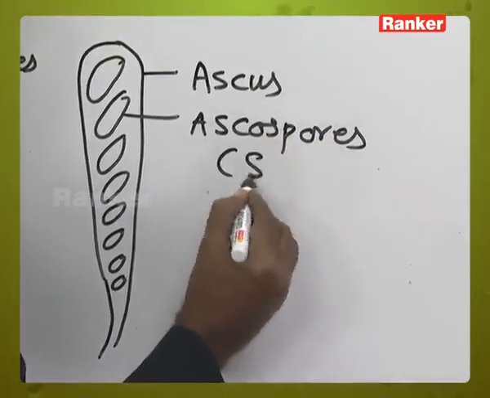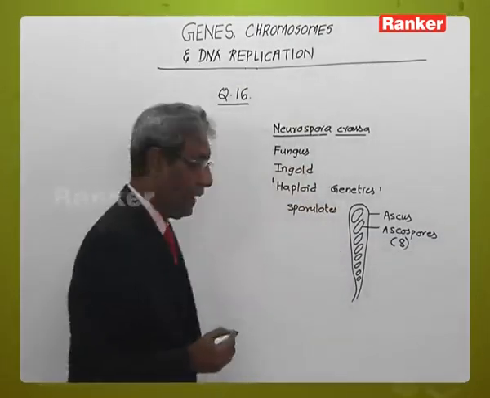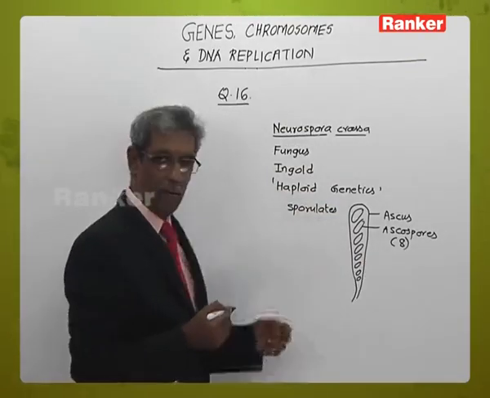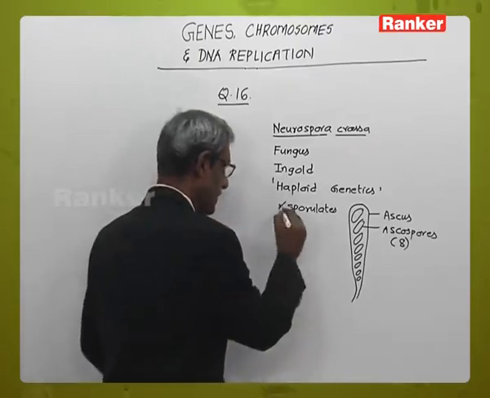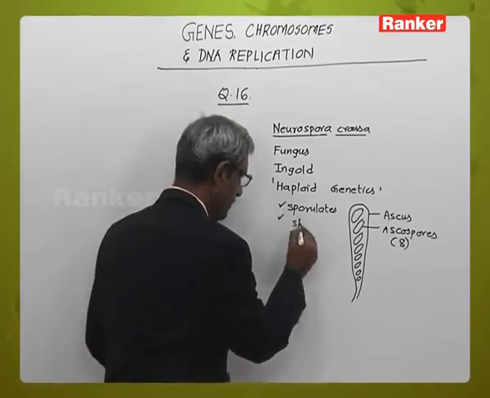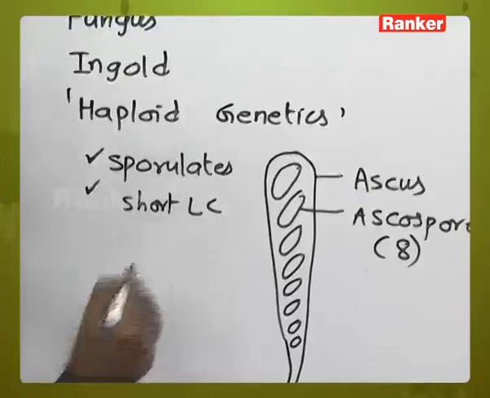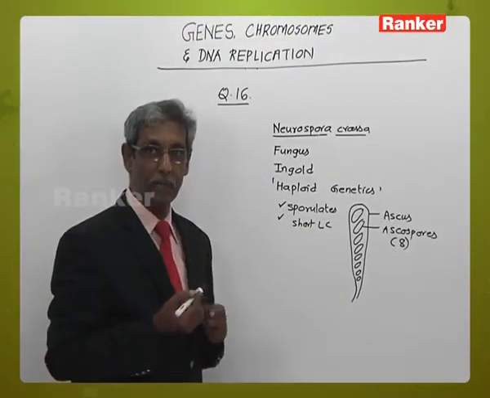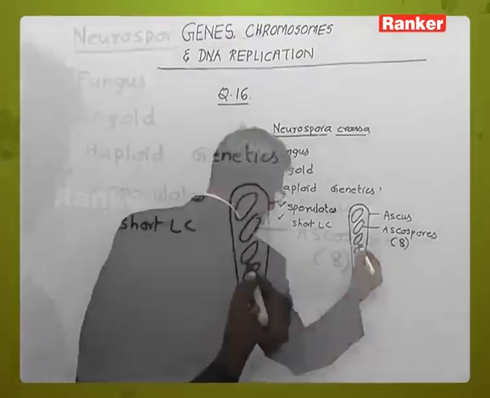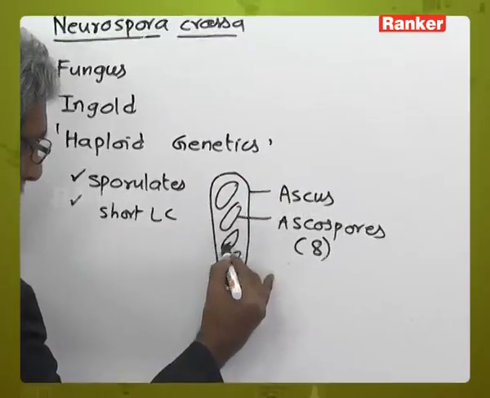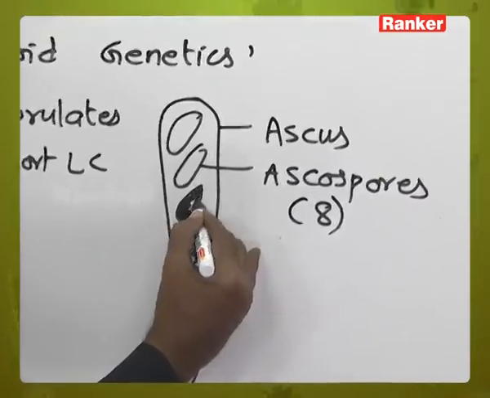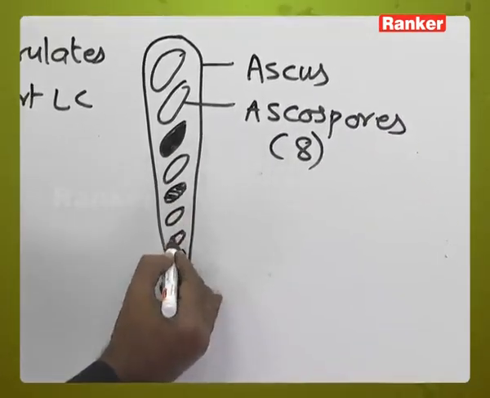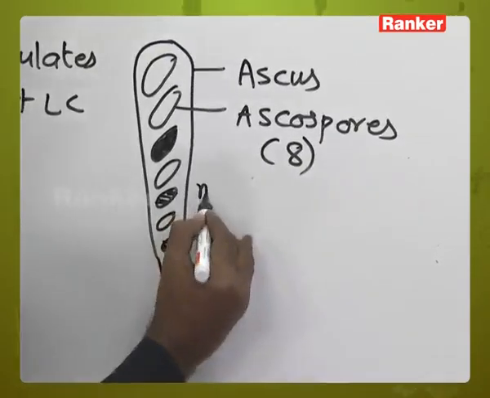The ascospores are 8 in number. The 8 ascospores are formed from meiosis. So, the life cycle of Neurospora is short. It can easily be cultured, and we can very easily isolate mutants from Neurospora. If we have an ascospore which is a mutant, it will turn red in color, otherwise it will turn brown, or else it may just be half colored. So, these are all mutants.